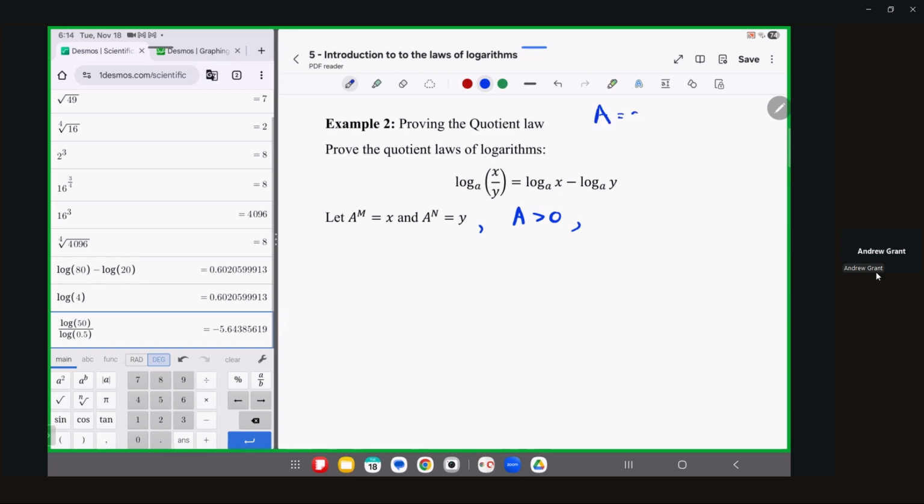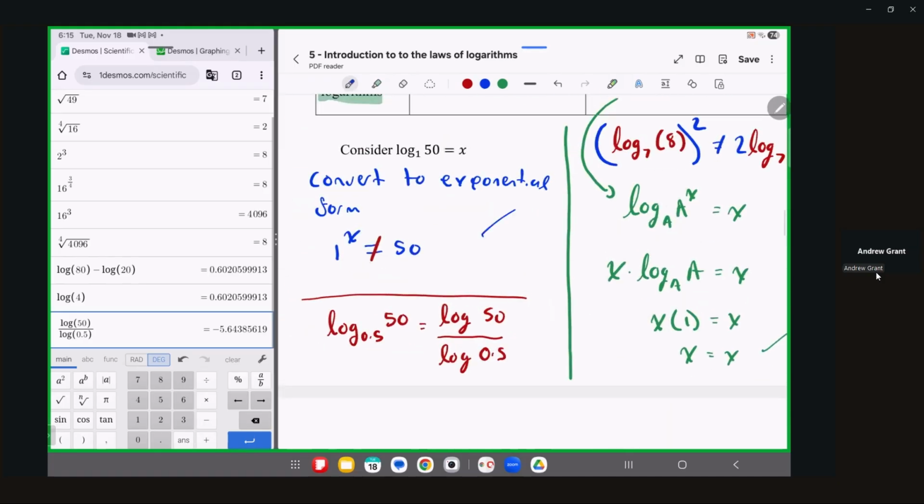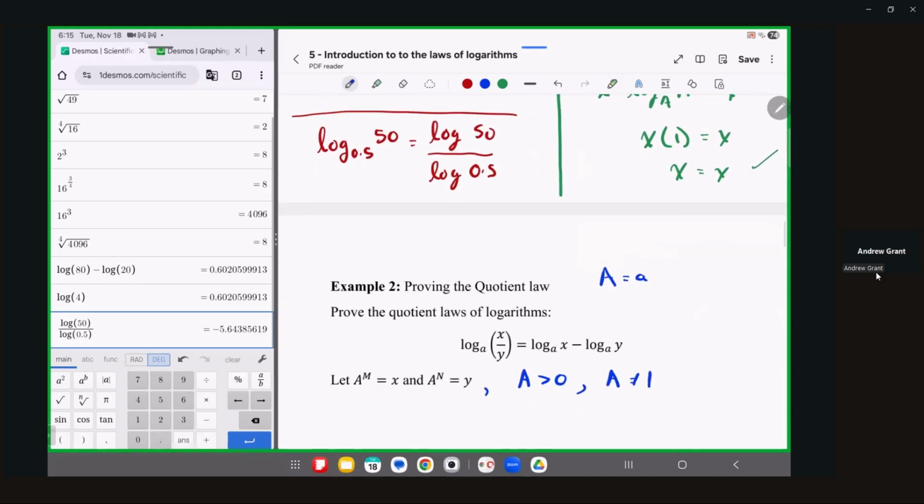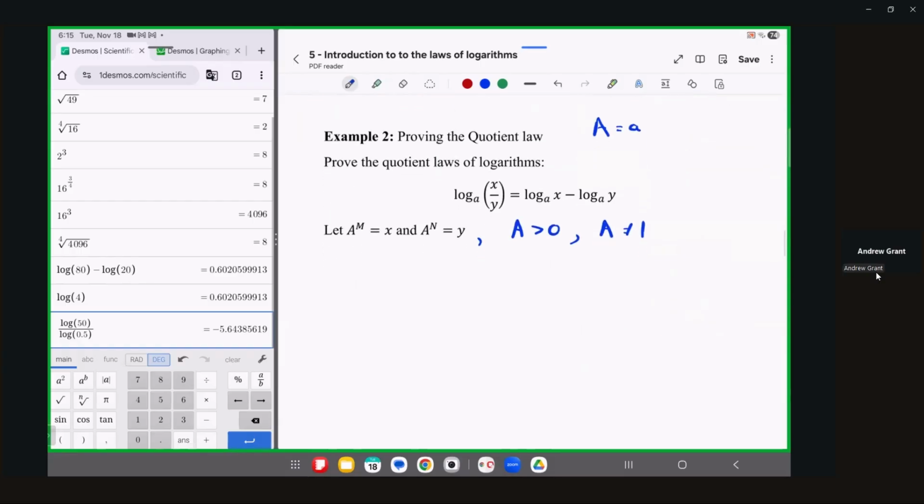I also mean capital A to be little a, just because my little a's inevitably look like 9. And we're going to say that a cannot equal 1, for the same reason we said from above: we would run into the situation where 1 to the power of something has to equal a non-1 number.